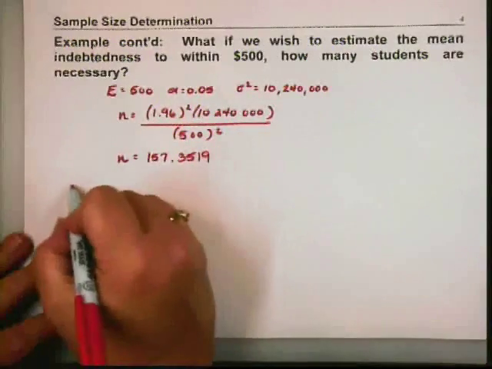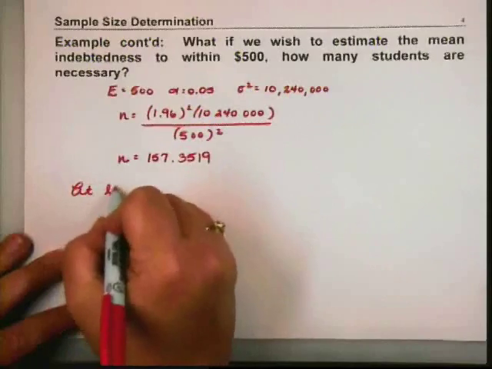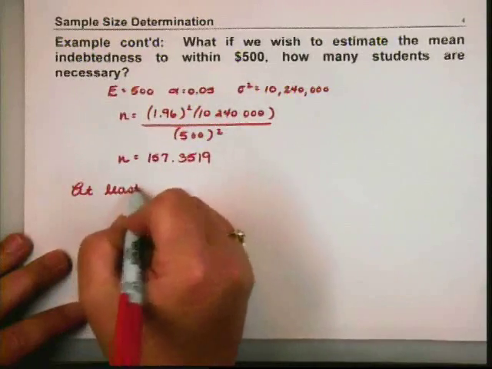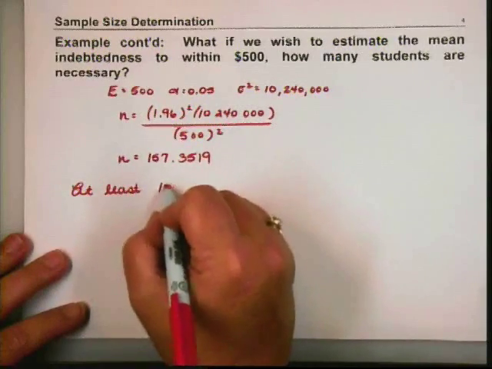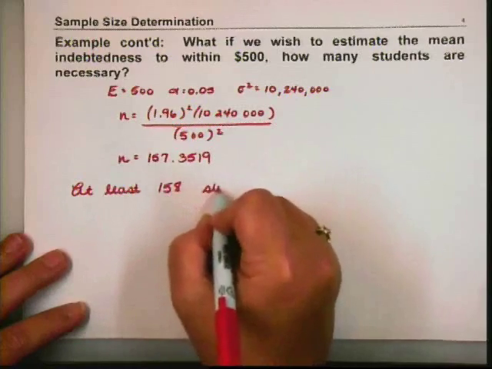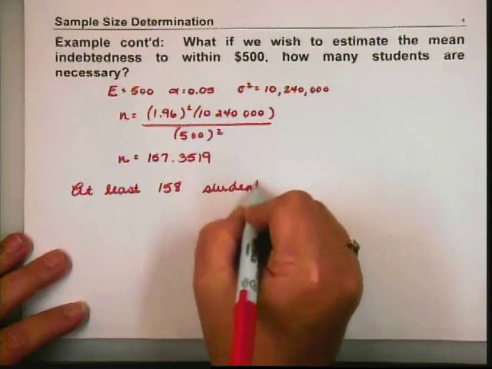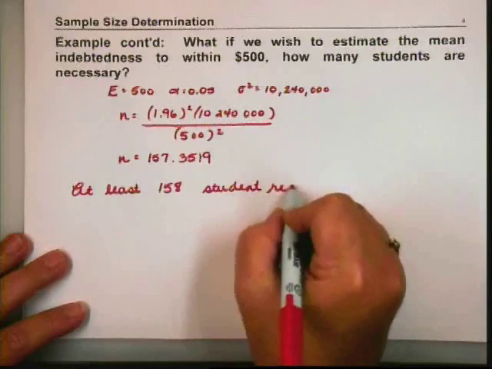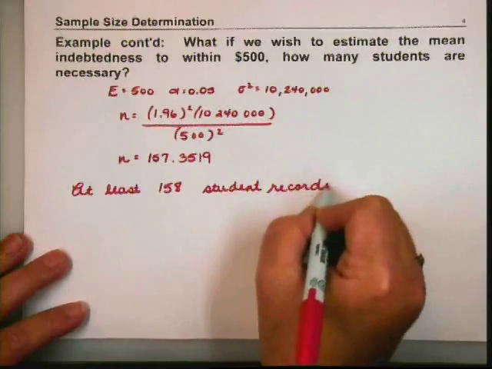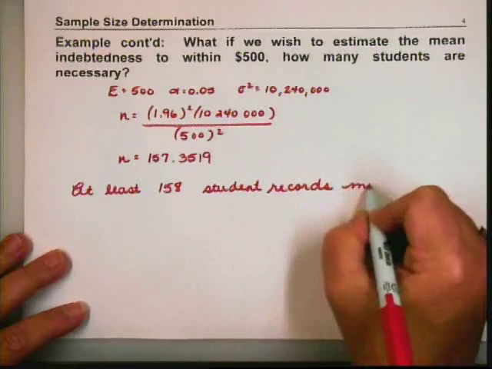So that means at least 158 student records must be sampled.